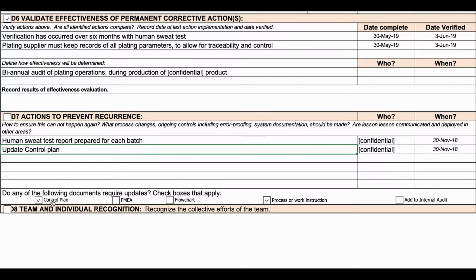Okay, control plan here, and also the work instructions. So control plan for the incoming QC, what to do and how to check it, and the work instruction for the plating supplier. Okay, update these documents. And D8 is, okay, just to mark it's all closed, we close it, we had success, recognize the collective efforts of the team, and that's it, the D8 is completed.